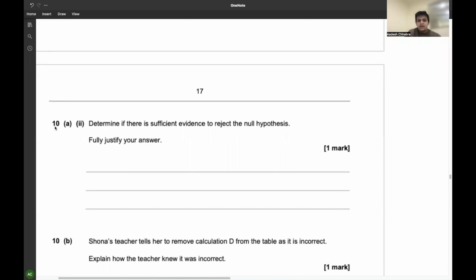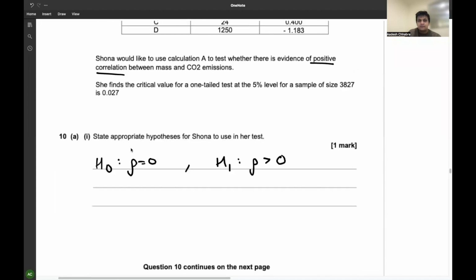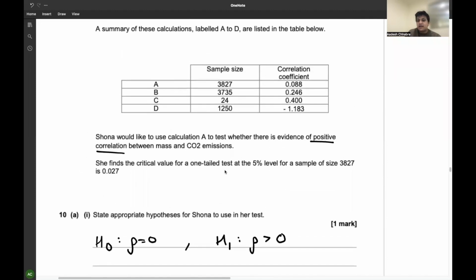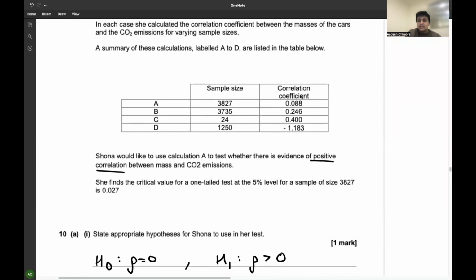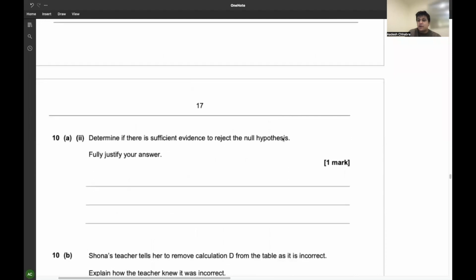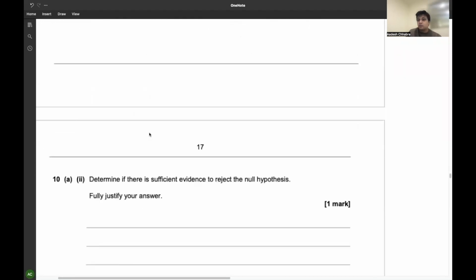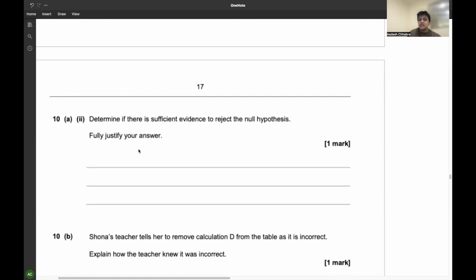So now in question 10A, second part, we've been asked to determine if there is sufficient evidence to reject the null hypothesis, fully justifying our answer. Well, Shona had found that the critical value for the test at 5% significance is 0.027, and the correlation coefficient for A came out to be 0.088. And because 0.088 is greater than 0.027, we would have sufficient evidence to reject the null hypothesis.